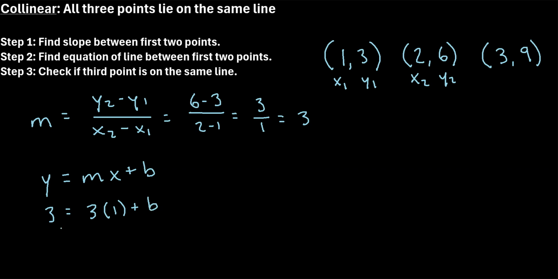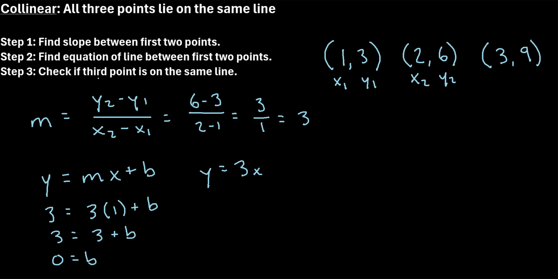We're trying to figure out what b is. 3 is equal to 3 plus b. If we subtract a 3, we get 0 is equal to b. So the equation of this line is y equals 3x plus 0. Since we have a 0 here, we don't even have to include that. So the equation of the line between these first 2 points is y equals 3x.